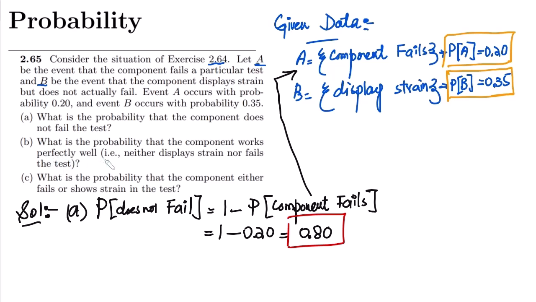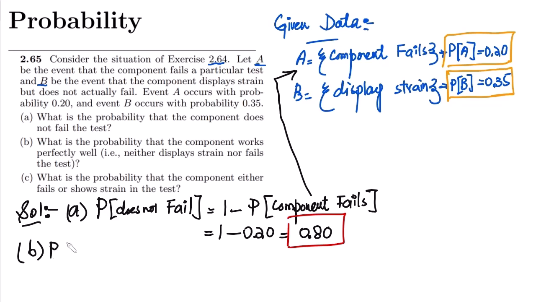Similarly, in part B, what is the probability that the component works perfectly well? Okay, so it neither displays strain nor fails the test. So these are the two things. It doesn't have to illustrate any of the two conditions. Okay, so in solving part B, what do I have to do?